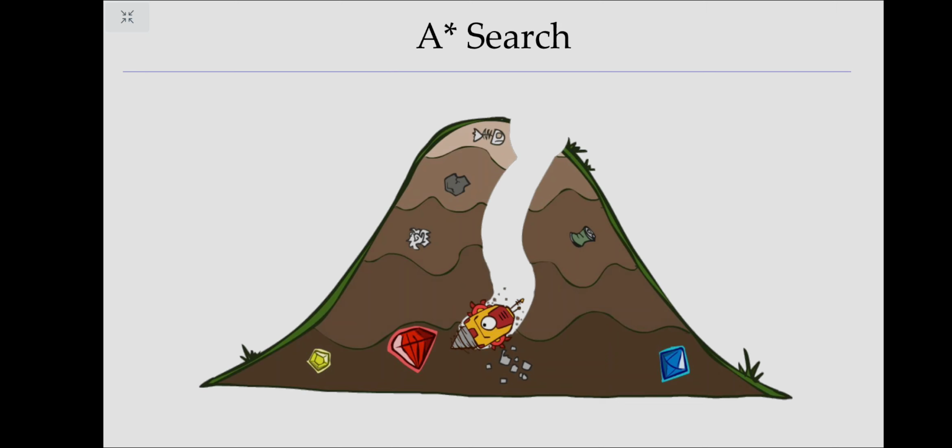A star search is a new kind of greedy algorithm that combines two costs. One cost is computed, and the second one is estimation.